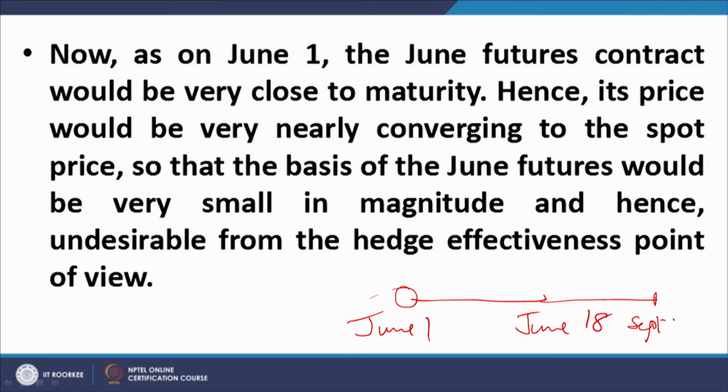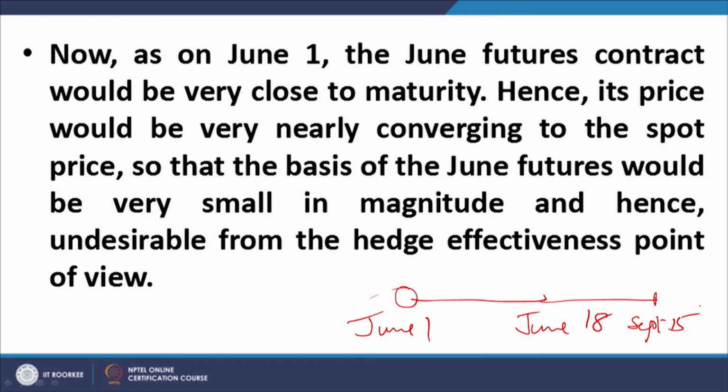Now, if we look at the September contract, let us say September 15, then there is still sufficient time remaining, still about 3.5 months remaining for the basis to converge to 0, for the futures price to converge to the spot price.